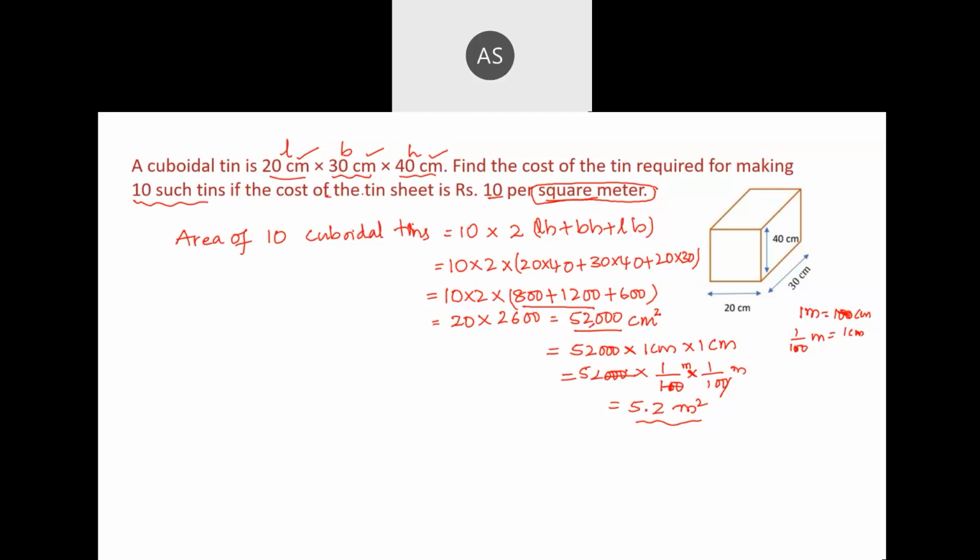Because they have given the cost as rupees 10 per meter square. Therefore, the cost will be 5.2 into 10, which is 52 rupees. So rupees 52 is the cost of making such tin sheets.